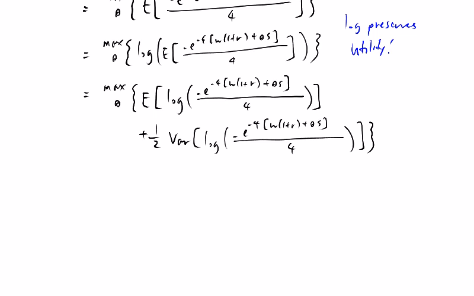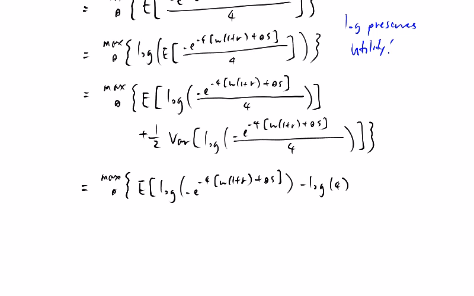So you can take out the 4, and so that becomes max over theta of the expectation of log of negative E W1 plus R plus theta S, minus log 4, plus half variance of log of negative E negative 4 W1 plus R.